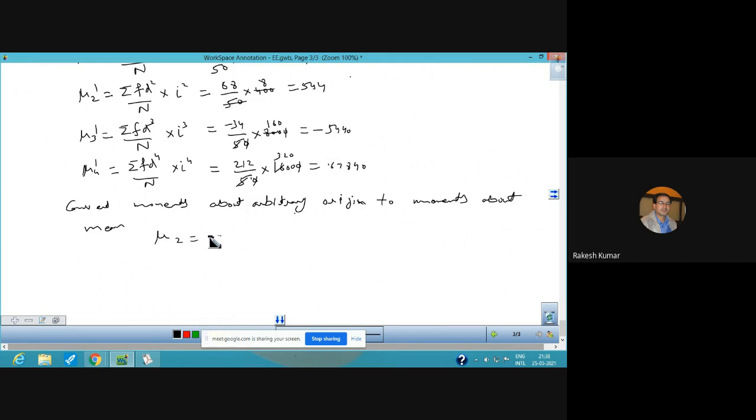The second movement formula, as we have used in the previous question of a discrete data series, this is the formula. You can calculate the value of the movement.